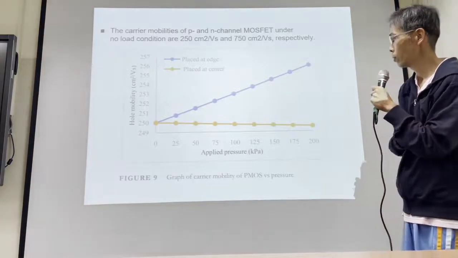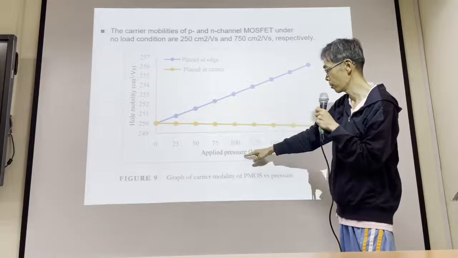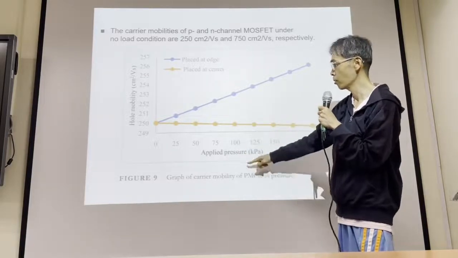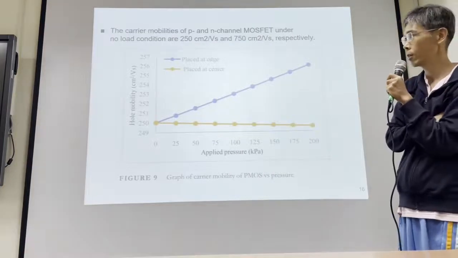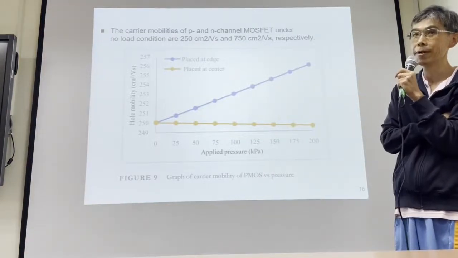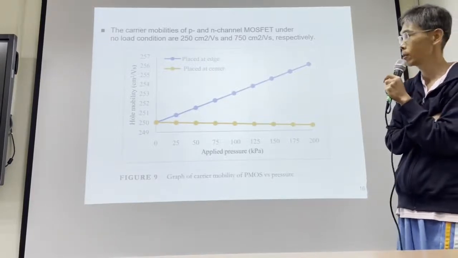Okay, so you also need the mobility as a function of the pressure. So for each pressure, you will have the mobility value and the resistance value for you to run your simulation.